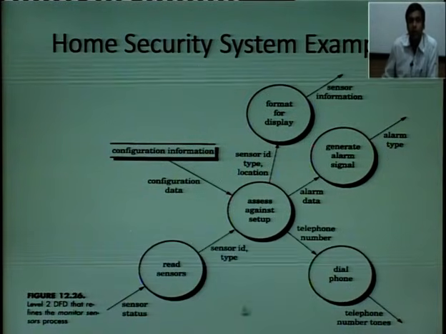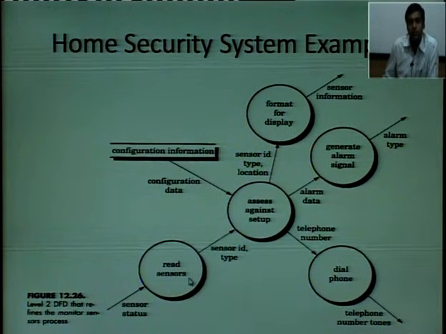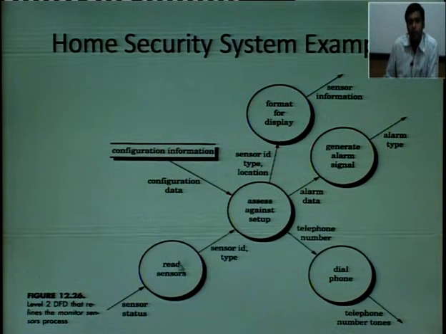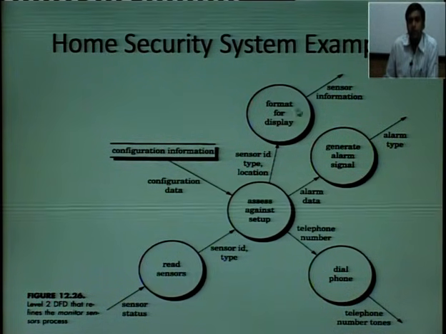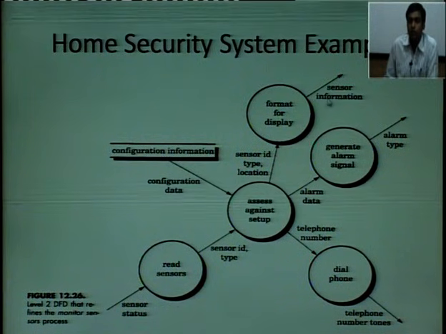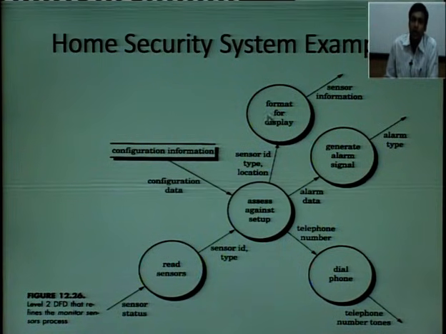Now when it is elaborated, again it is taking one input from the sensor, one from the data store; it is reading sensor, assessing against the sensor, one bubble to display sensor information, one for alarm, and one for dialing. Again three bubbles for output, one for input, and one inside functionality.